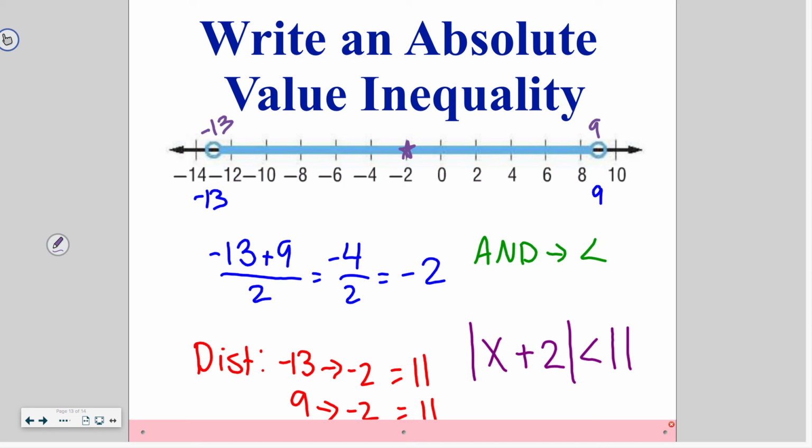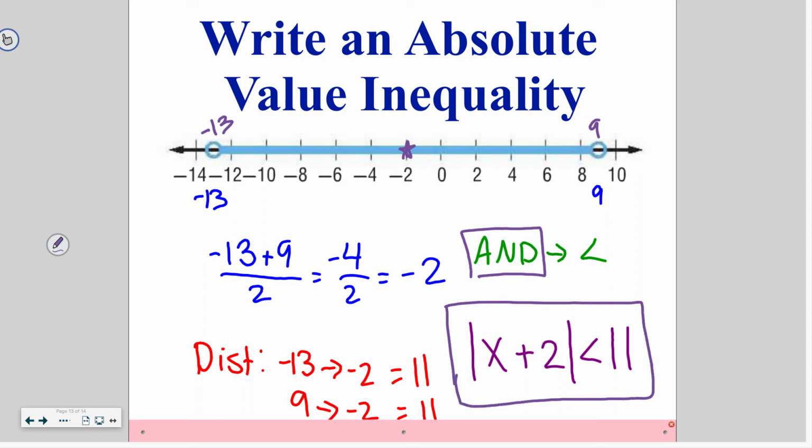Because there is overlap in the middle of the points, that's going to indicate to you that it's AND, which means that it is less than. It's open dots, so there's no equal to part. So our final answer down here, x minus a negative 2 turns into plus. The absolute value of x plus 2 is less than 11. If you have questions about this or any other part of the lesson, please let me know when you get to class.